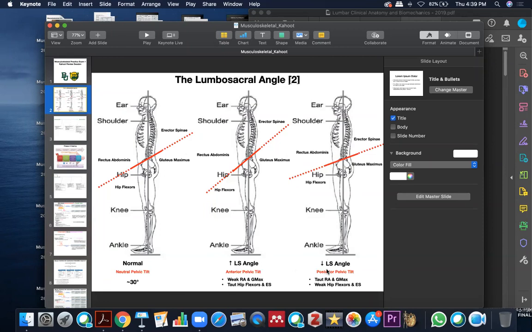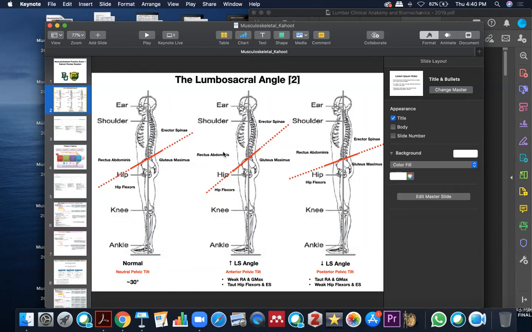So if you've got this intervertebral disc between L5 and S1, it's naturally a little bit tilted like this with the lower part more anterior. If you rotate the sacrum anteriorly, you get a slightly higher angle, versus if you rotate it posteriorly, you get a smaller angle.